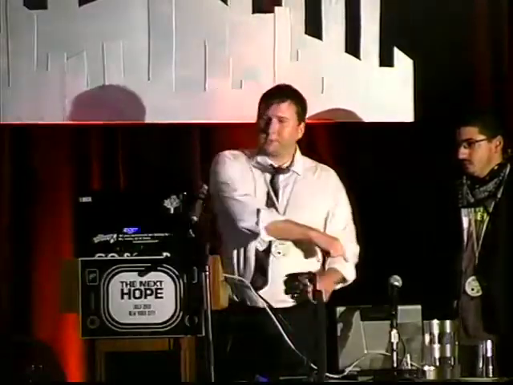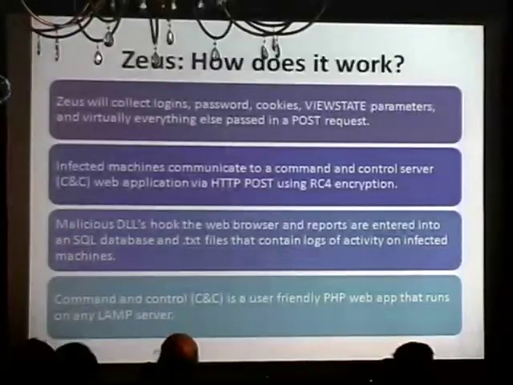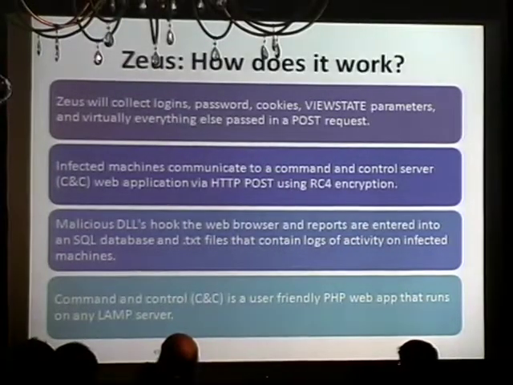Zeus collects logins, passwords, cookies, view state parameters, virtually everything passed in a post request, hence the name post loggers. The infected machines communicate with the command and control server, which is a PHP web application, through the use of HTTP port 80 post requests that take the post data, compile it into a text file, zip it up, RC4 encrypt it, and send it over to the web server.